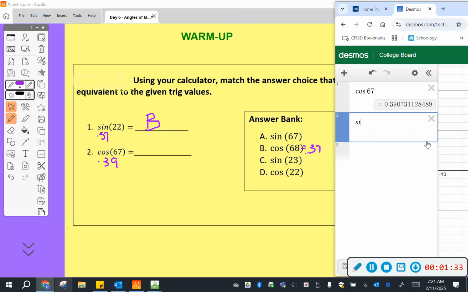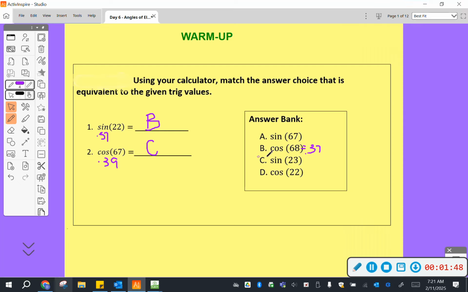And then just double check the other ones to make sure. Cosine of 22, no. Cosine of 68, no. So, which answer was my answer? C. And that's what one of your test questions is going to look like. Not next week, this Thursday.